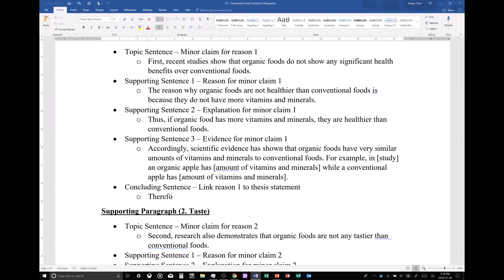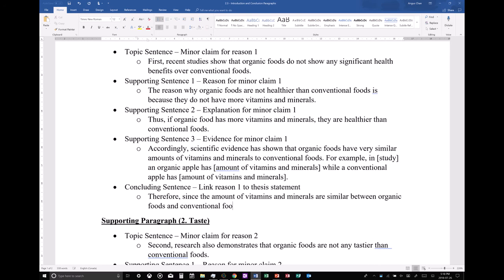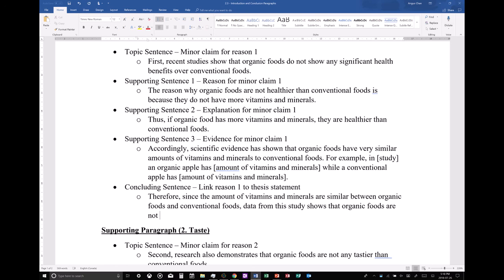So you might say, therefore, since the amount of vitamins and minerals are similar between organic foods and conventional foods, data from this study shows or proves that organic foods are not healthier, or better, say, than conventional foods.